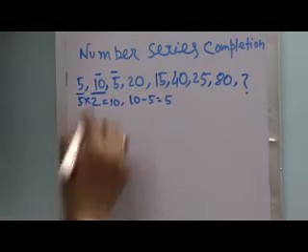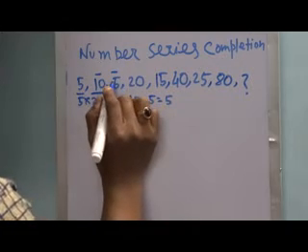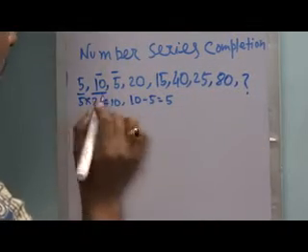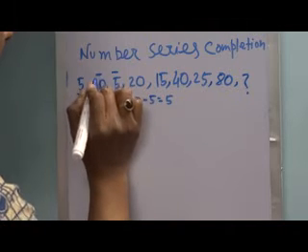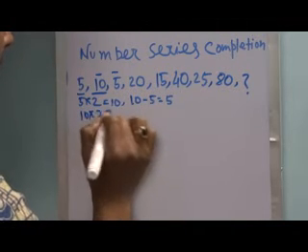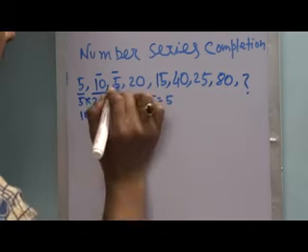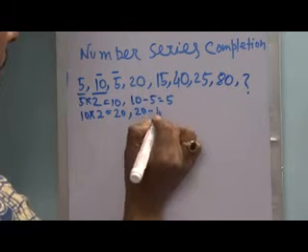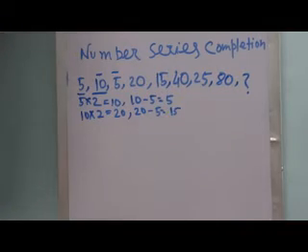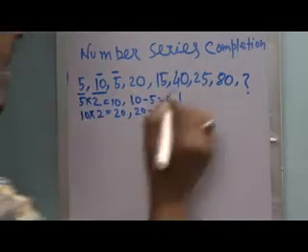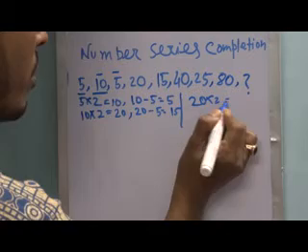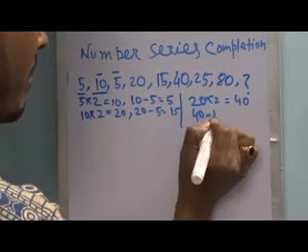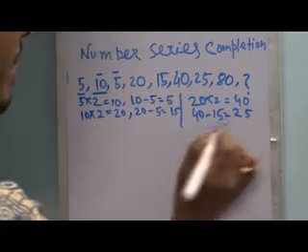So that's the logic. Similarly, if we implement this logic over the rest of the series, we get 10 into 2, 20, and if we subtract 5 from 20, then we get 20 minus 5 equal to 15. Similarly, 20 into 2 equal to 40, and then 40 minus 15 equal to 25, the next number.